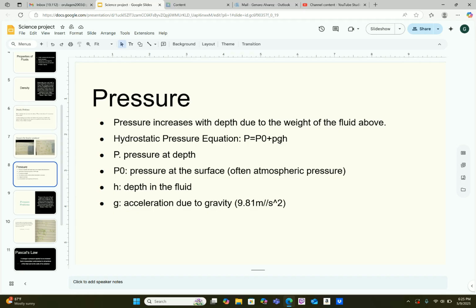And of course, g equals acceleration due to gravity, which is 9.81.